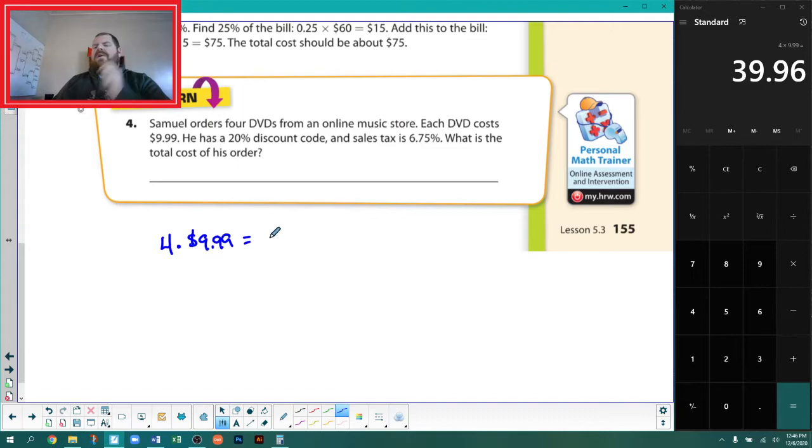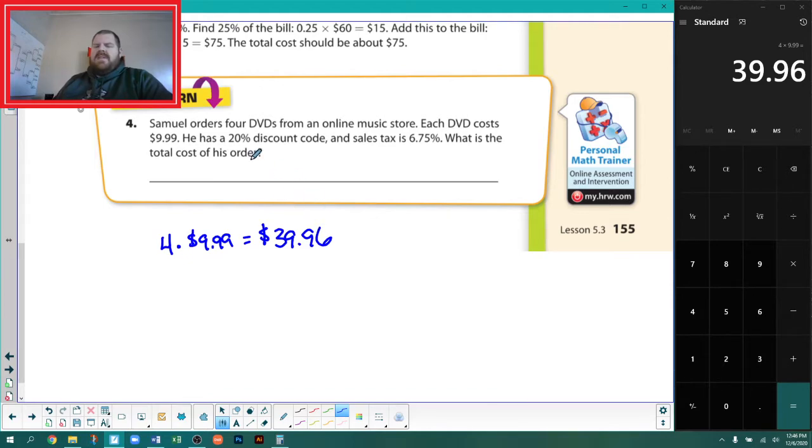So our total bill here is going to be $39.96. And then we've got to take the discount into play. So we'll discount that by 20%.